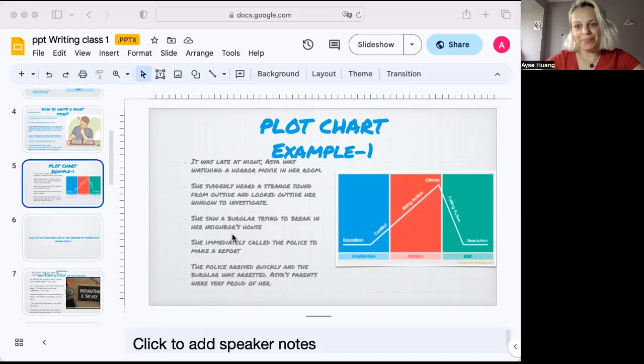Exam question. Write a story with the title The English Exam. You should use a variety of tenses and your story must be between 180 and 250 words.